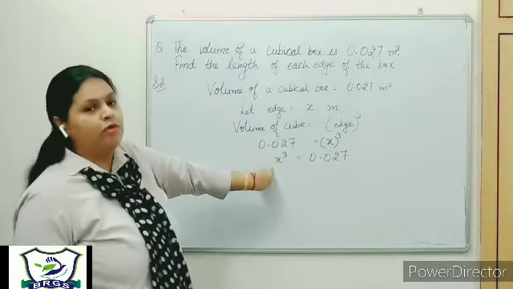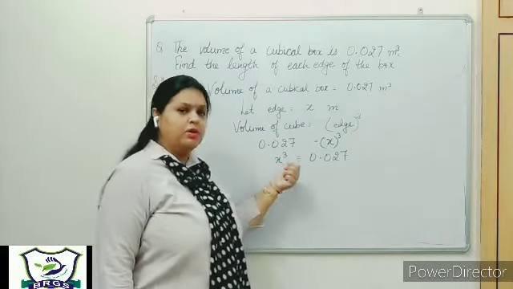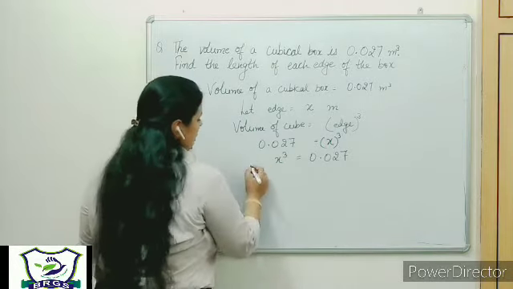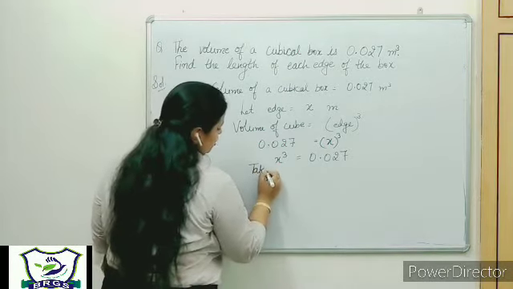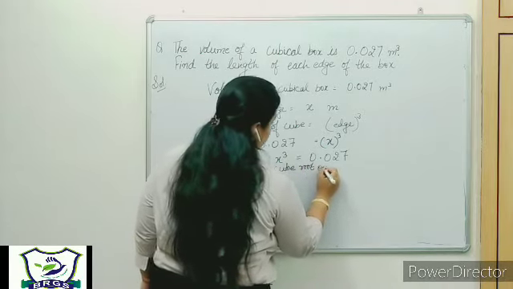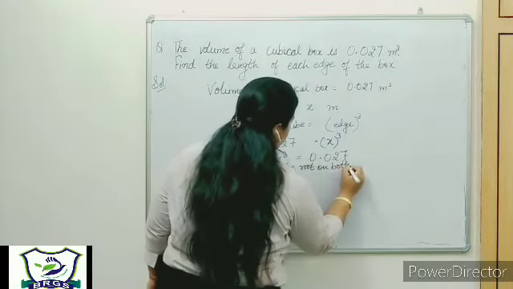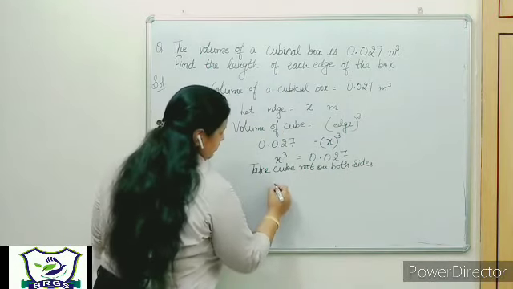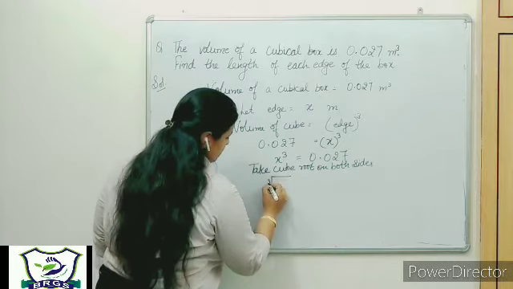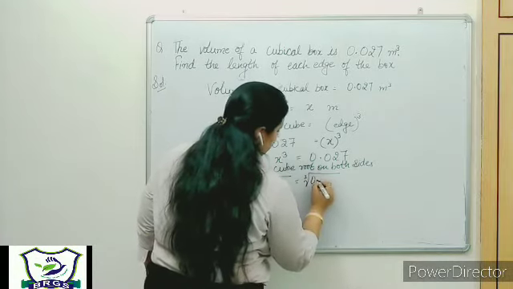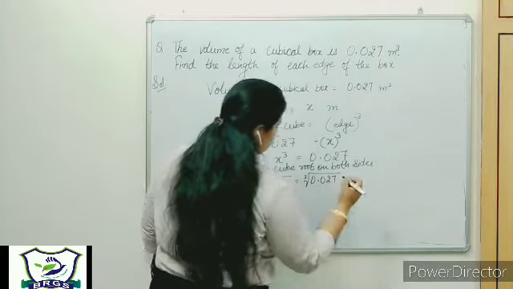We have to find the length of the edge. The edge is in the form of x, but here it is x cubed, so we have to cancel this cube. To cancel the cube, we take the cube root on both sides. So x cubed becomes x, and on the other side the cube root of 0.027.